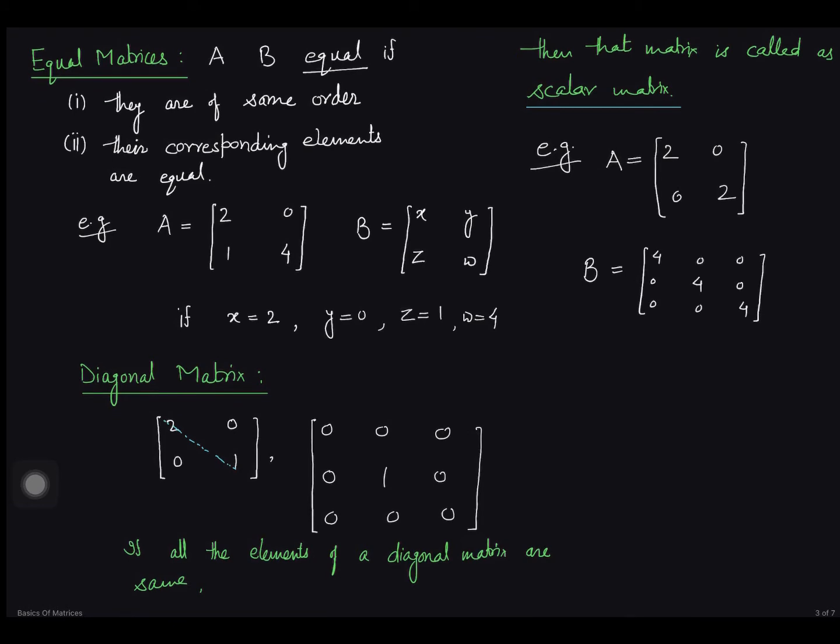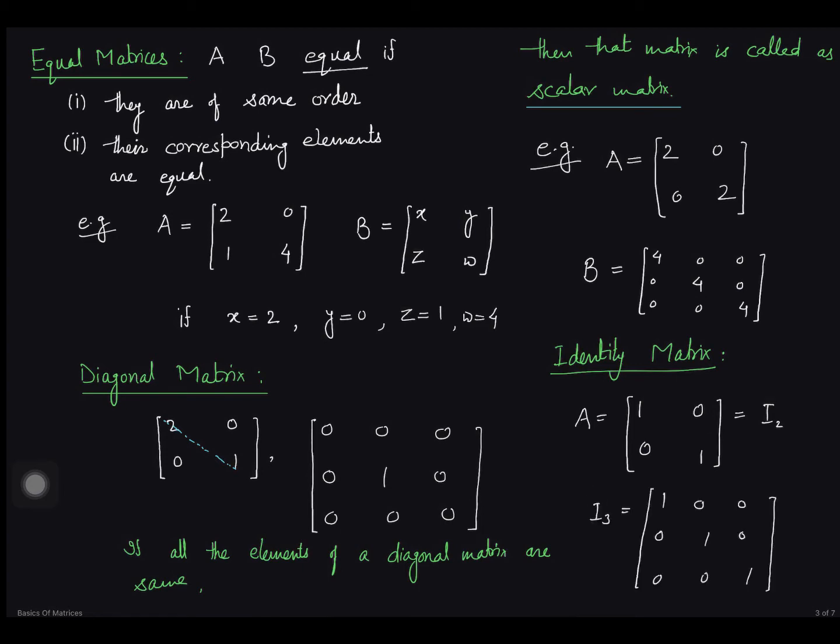This is also a scalar matrix of order 3. Now one more thing, if you have a diagonal matrix in which all the diagonal entries are 1, then that matrix is called the identity matrix. Means what? You have a diagonal matrix whose all the diagonal entries are 1. So this is a diagonal matrix of order 2. So this is the identity matrix of order 3.